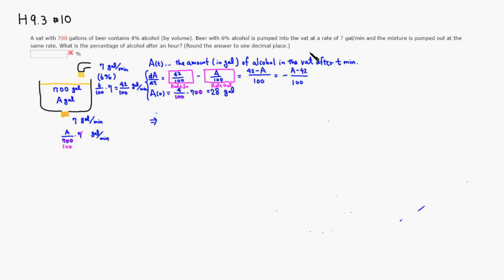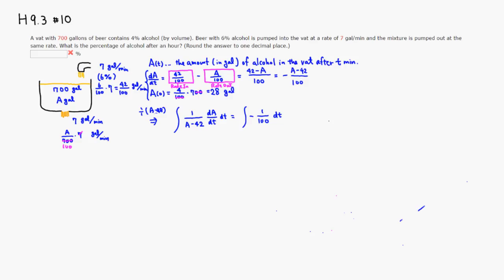That way, I divide through by A minus 42, and we get 1 over A minus 42 times dA over dt is equal to negative 1 over 100. Then we take the integral of both sides with respect to t.